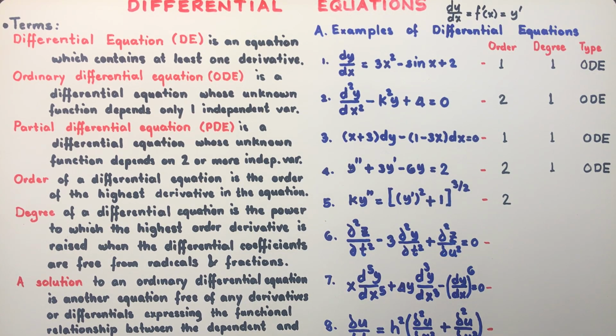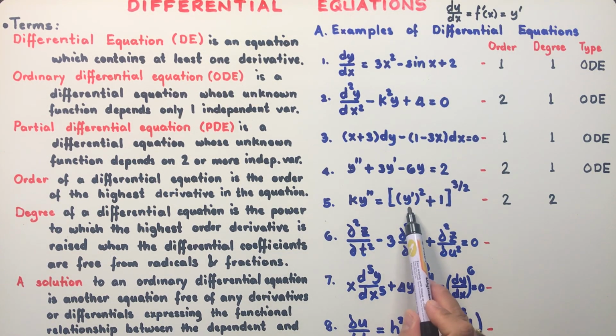And what is the degree? The degree you might guess as 1, but actually the degree here is 2. Why? Because according to the definition, the degree of a differential equation is the power to which the highest order derivative is raised when the differential coefficients are free from radicals and fractions.